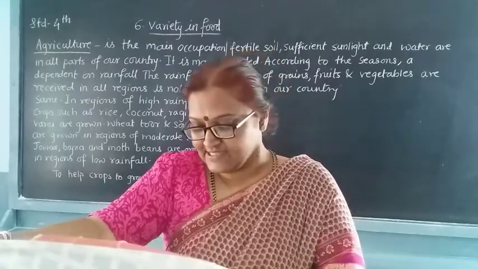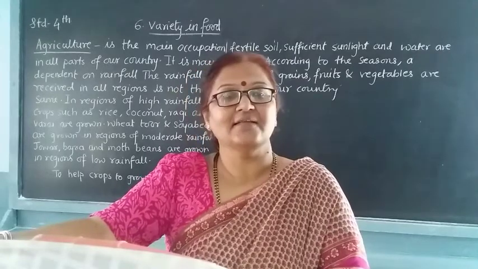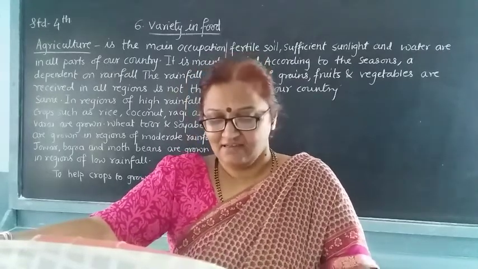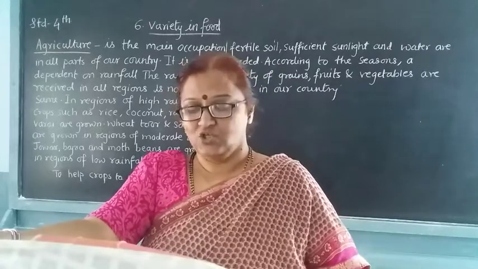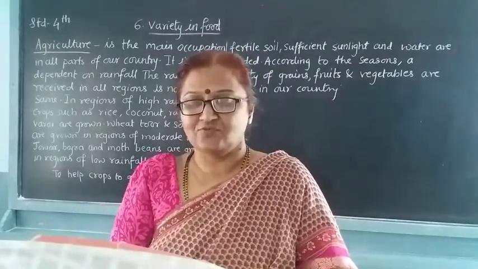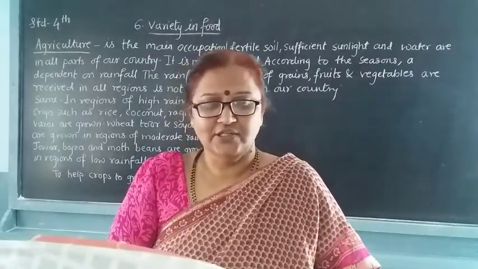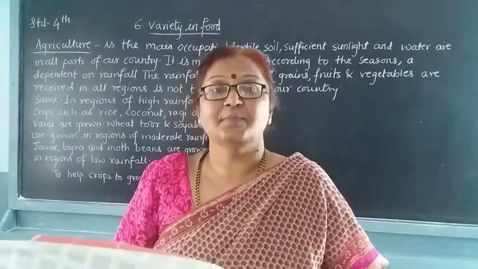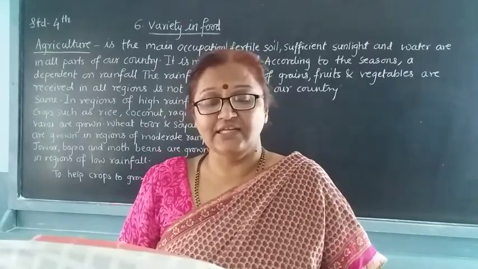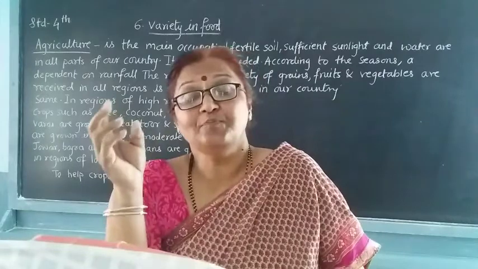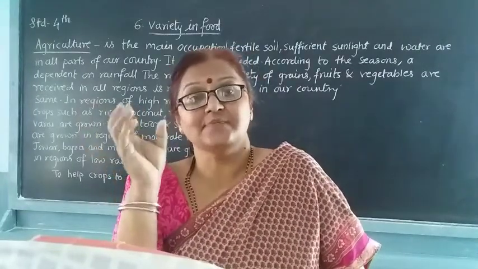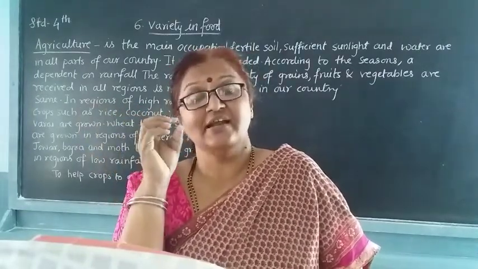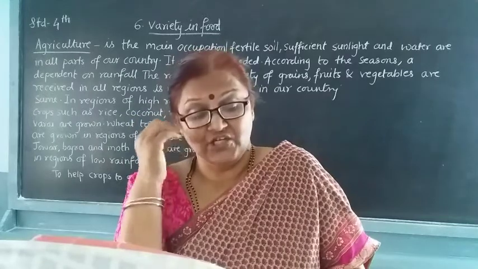The main ingredients are ragi and jowar. So these types of foods are grown there. And the main crop grown in any region, you can prepare the various types of foods that are present in your region.